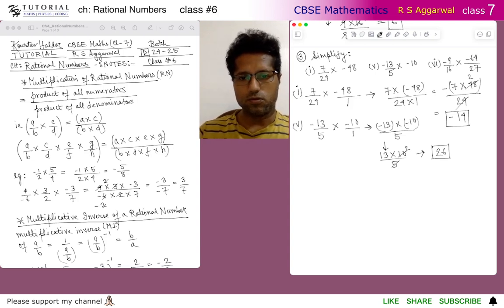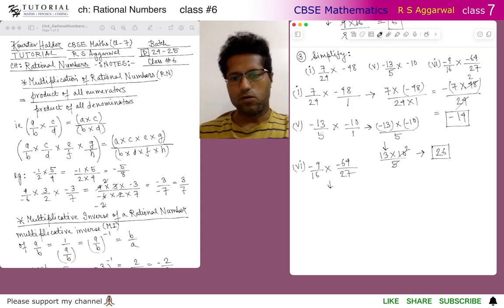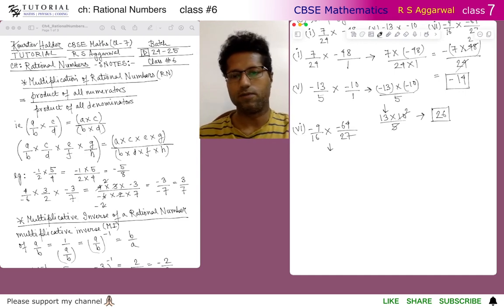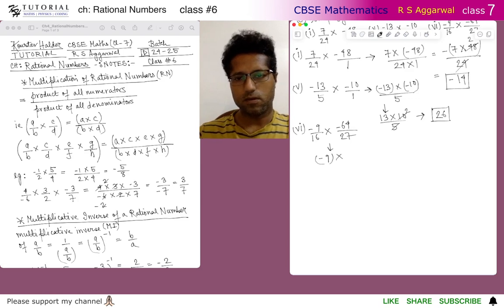Okay, let's do 6. These are easy ones, straightforward. Minus 9 by 16 multiplied by minus 64 by 27. Here also the denominators are already positive, so we simply multiply the numerators and divide that by the product of the denominators.